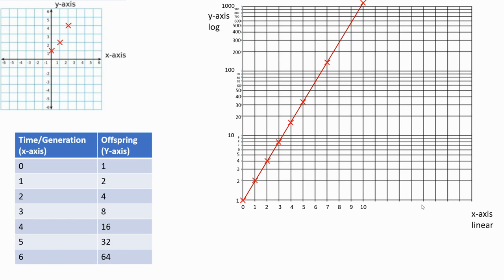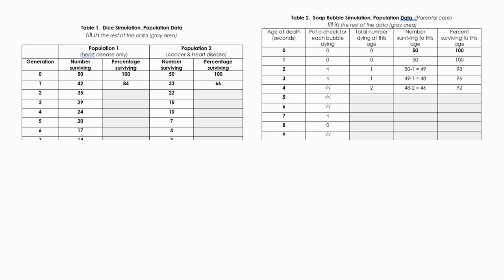Now, to make the move to the actual assignment you have, let me show you the data that you're graphing, because you're not going to start at the corner on the bottom, because you're not looking at offspring, you're looking at decreasing numbers, right? So your data looks like this, and you're asked to fill in the gray areas here.